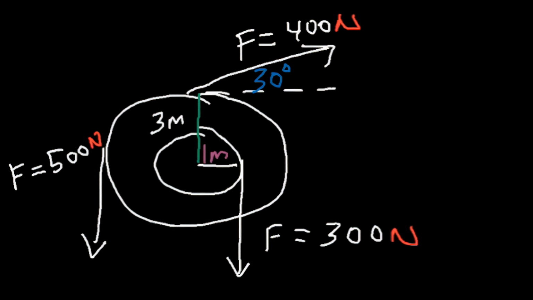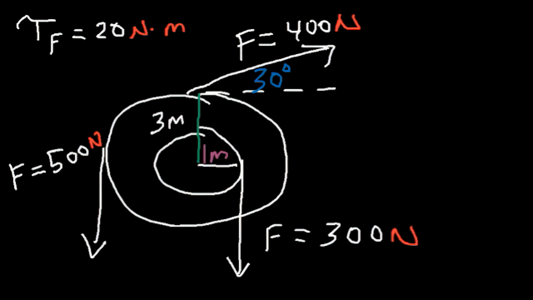So what is the net torque of the system? And let's say also that there's a frictional torque that opposes motion, and let's say it's 20 newtons times meters. It's going to be easier if you calculate the net torque without friction and then add friction, because right now we don't know if friction is acting in the counterclockwise direction or the clockwise direction.